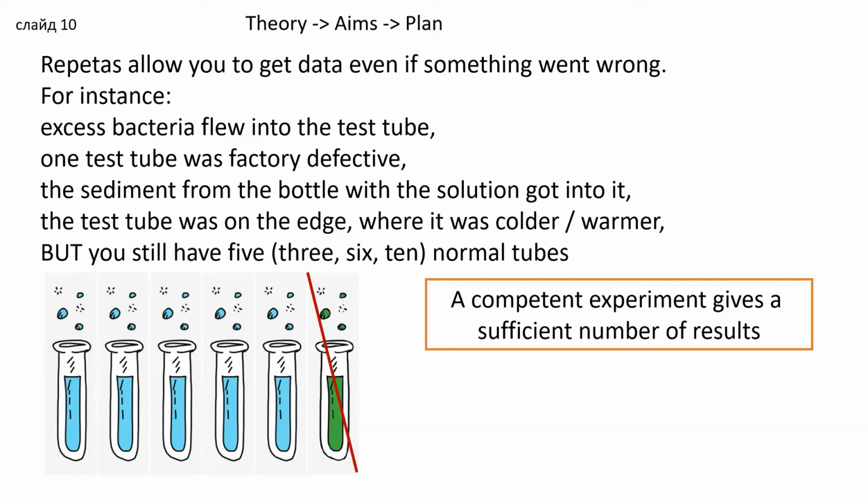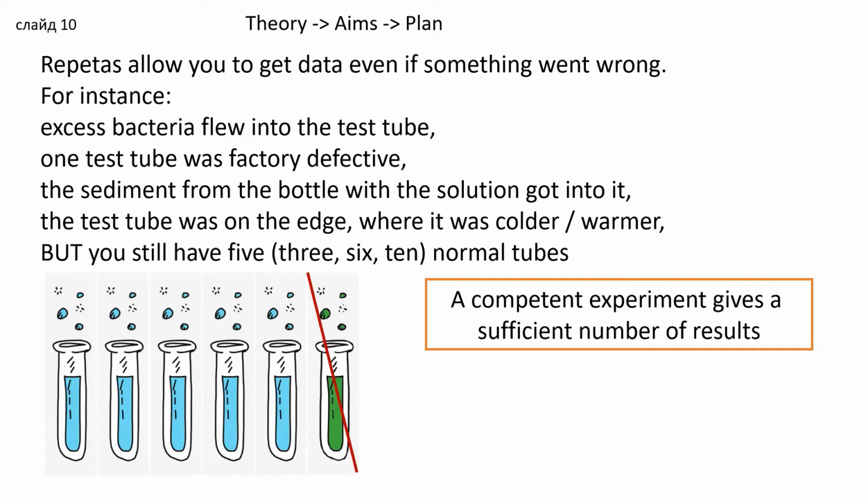Or the test tube was on the edge where it was colder, warmer, or there was more light or less light. So if you have these repeats, you prove that your experiment layout worked.